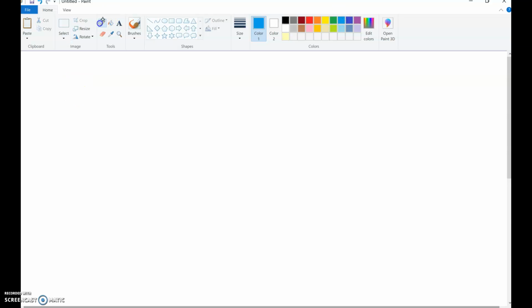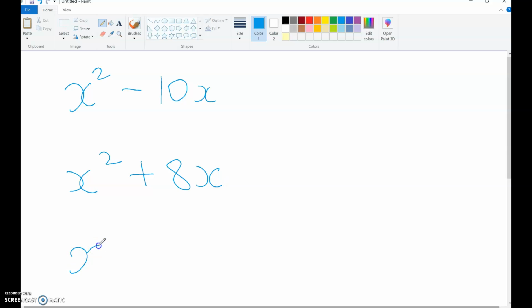So if I had x squared minus 10x, or x squared plus 8x, or x squared minus 12x, to complete the square, I would halve this and square it, so it'd be plus 25. But I can't just randomly do that, so quite often I'd have to minus 25 as well, depending on the context, right? But at the moment, because we're just completing the square, we know that we've got to add 25.